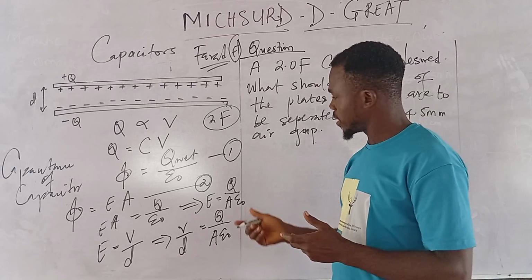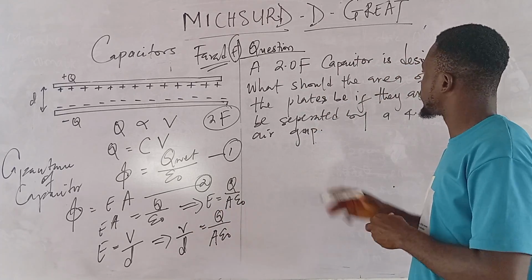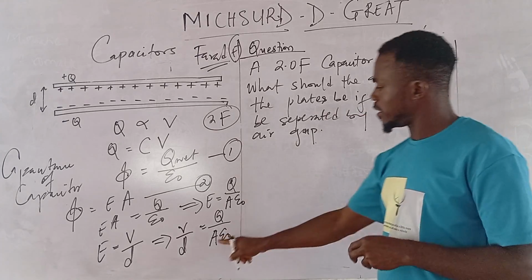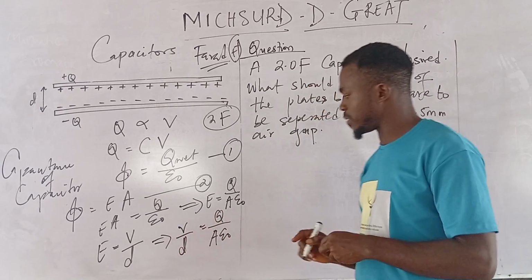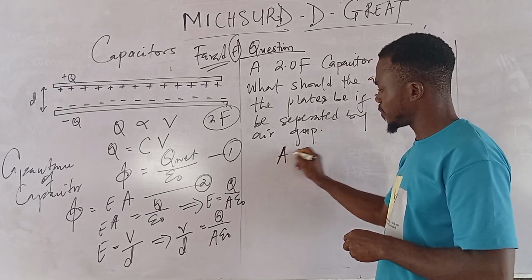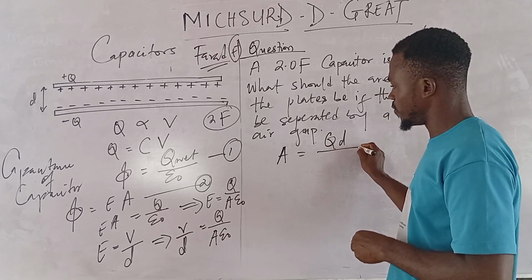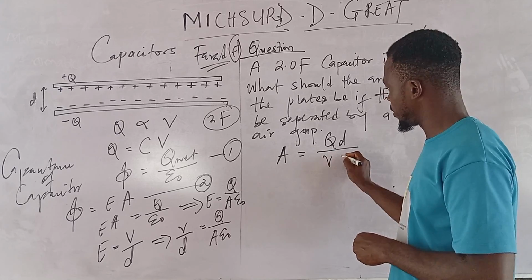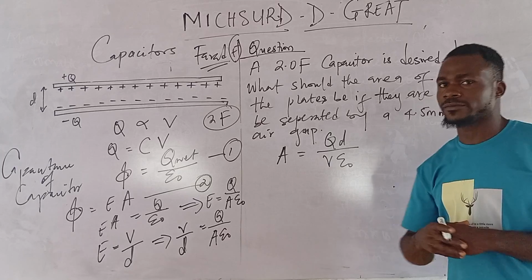Since in this question we are looking for the area, let's make A the subject. If I cross multiply, we have that A is equal to QD over V epsilon naught. That is our area.